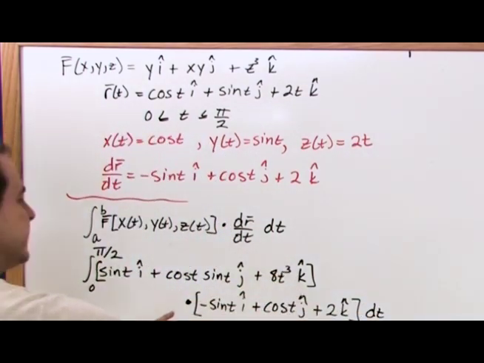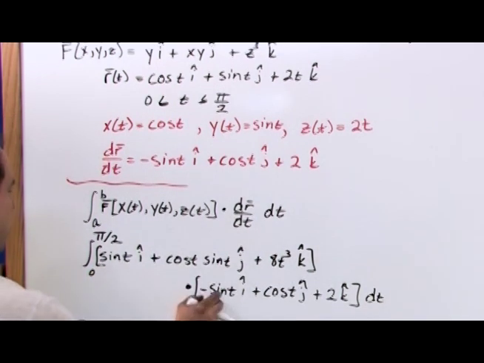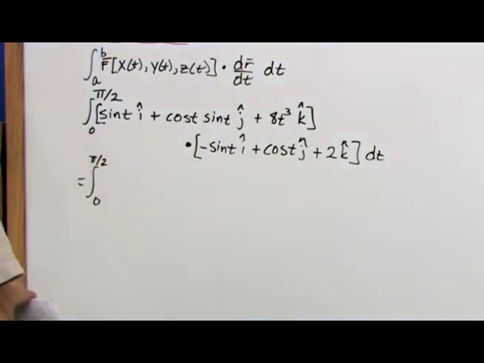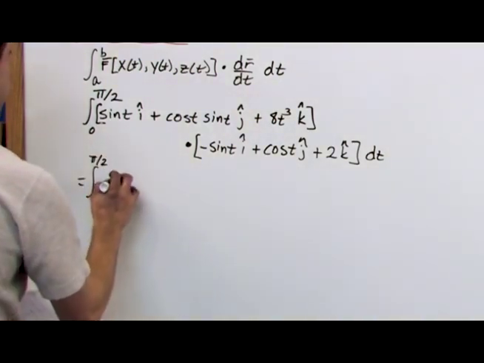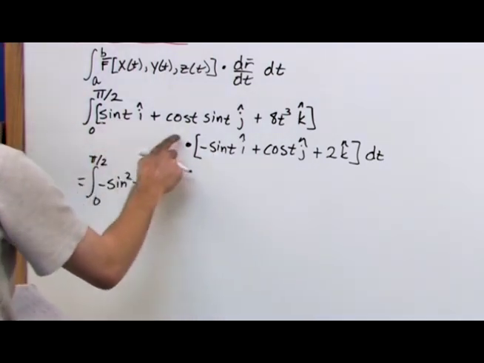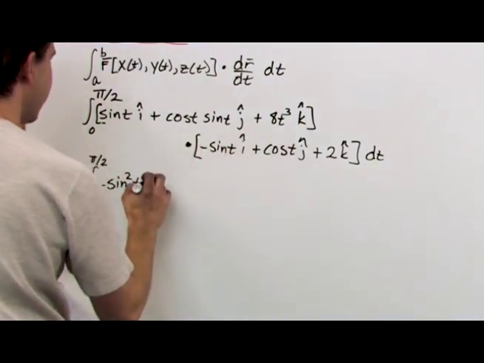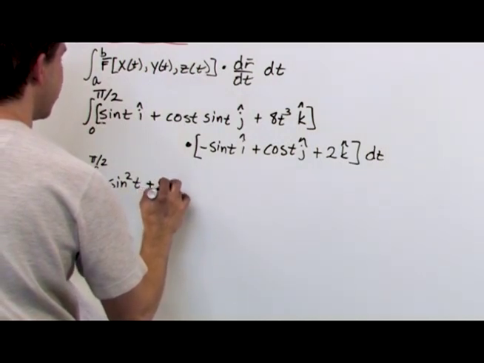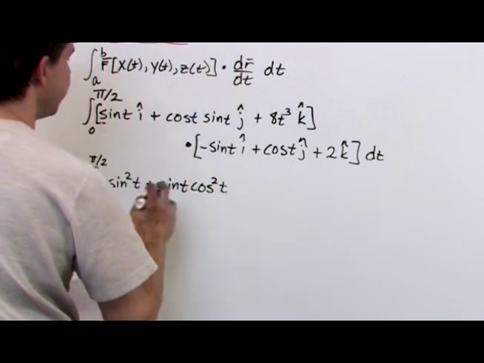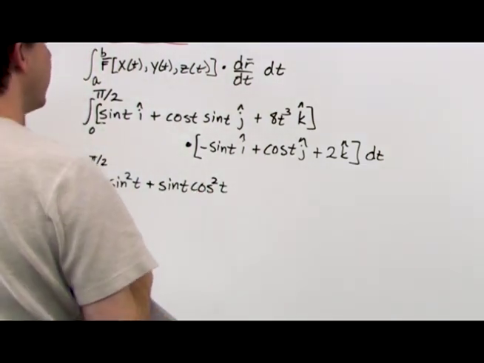So it's this first thing dotted with the second thing. Let's see what we get here. Multiplying components, you'll have the integral from 0 to pi over 2 of negative sine squared of t, multiplying the i components together. Multiplying the j components, you'll have plus sine of t times cosine squared of t for that middle part.